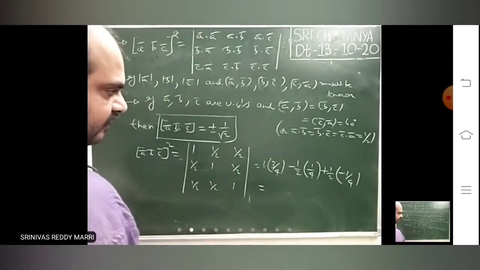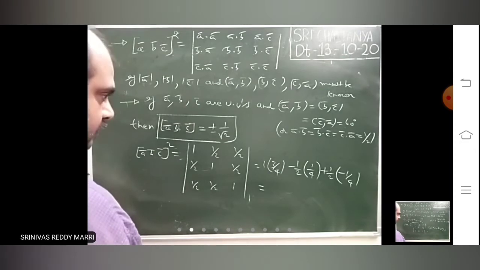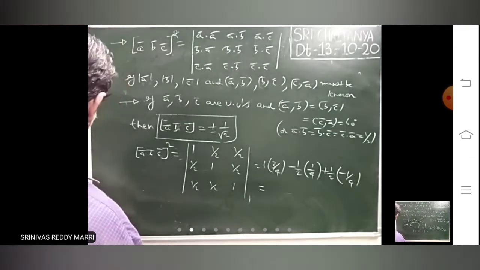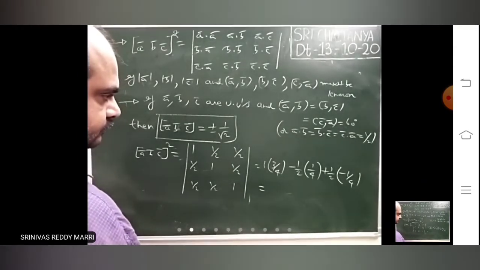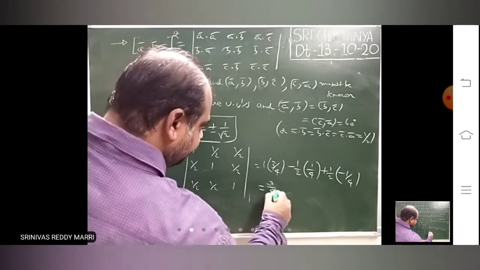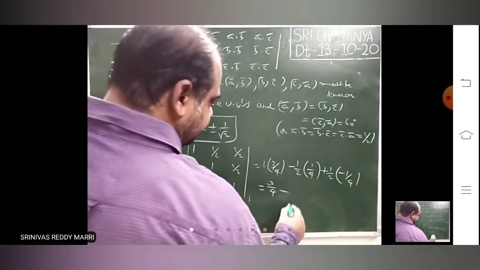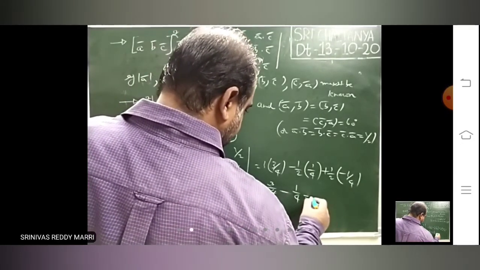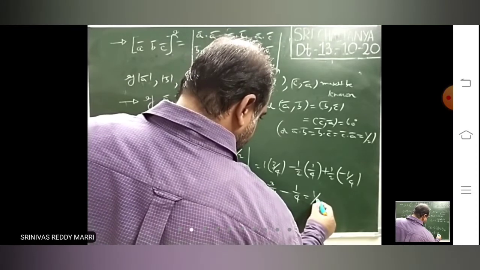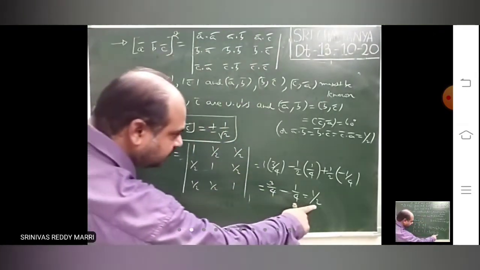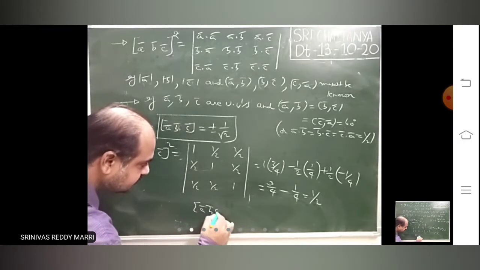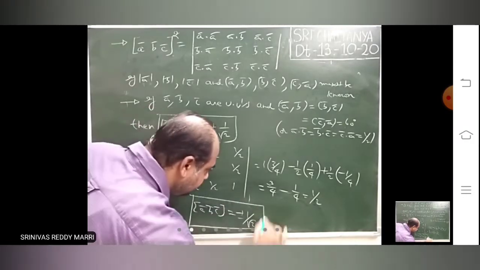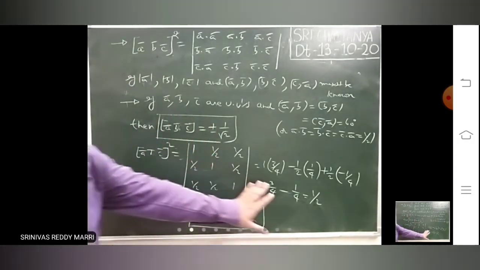So therefore 3 by 4 minus 1 by 4, that means 1 by 2. Box ABC whole square this is 1 by 2. Therefore, box of A bar B bar C bar is nothing but plus or minus 1 by root 2. You can calculate like this.